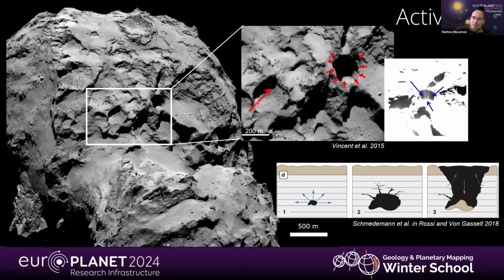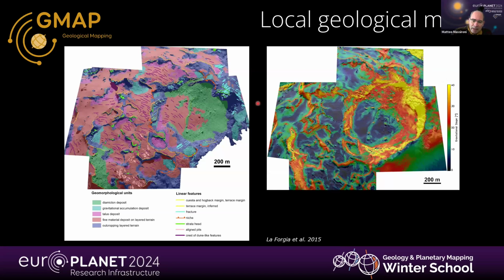So at the end, all these features can be mapped here. And here we see an example of a detailed map of a given part that can be done just on the images and on mosaics of the images.